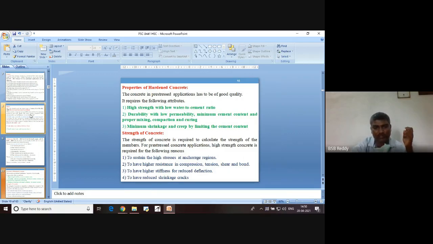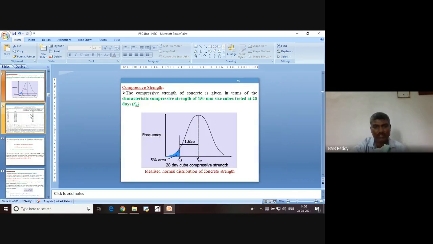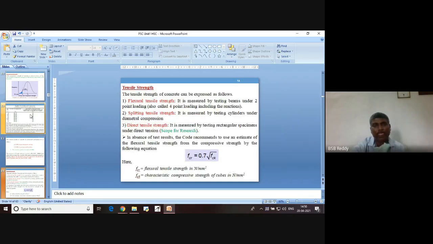So with that, strength of concrete is the first one to discuss, and among the strength of concrete, we have discussed compressive strength, tensile strength, and shear strength properties.